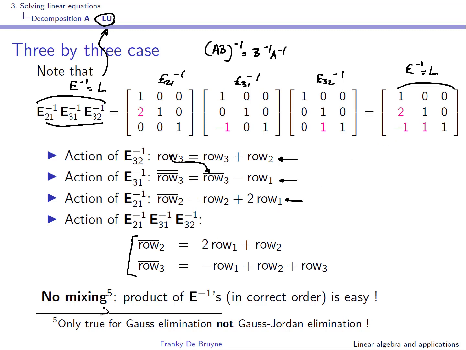There is no mixing over here. So to construct L, it's very easy. You start from an identity matrix and you place the multipliers at the right spot, and you have your L matrix.